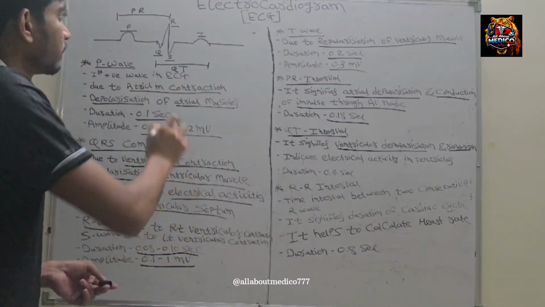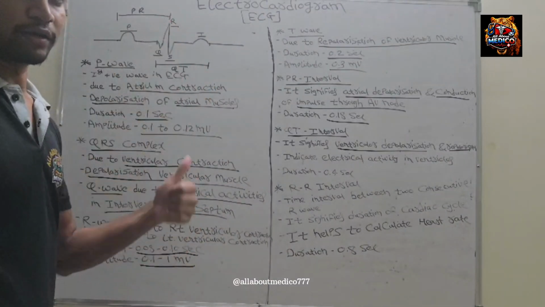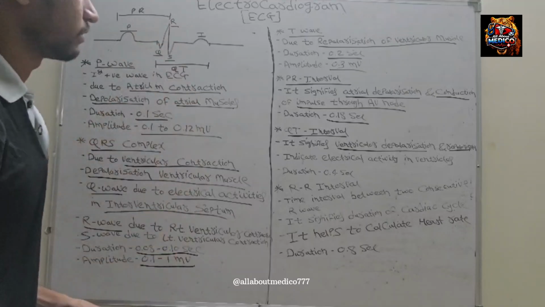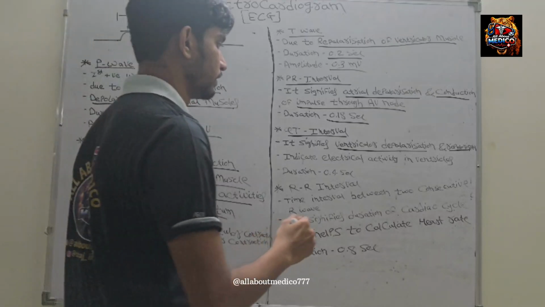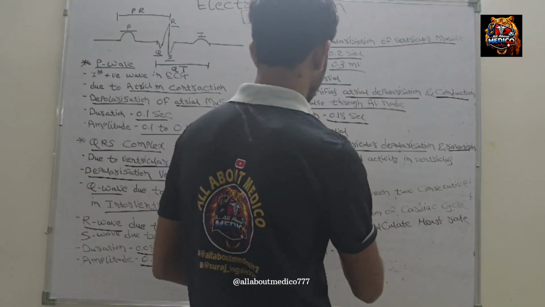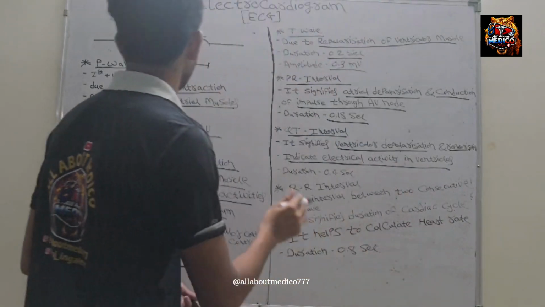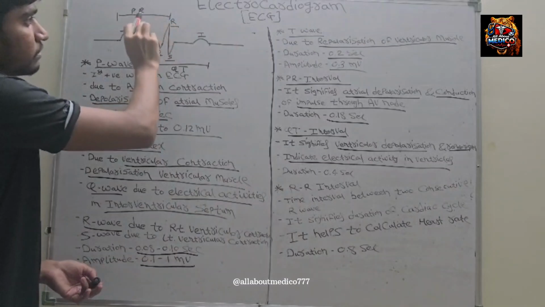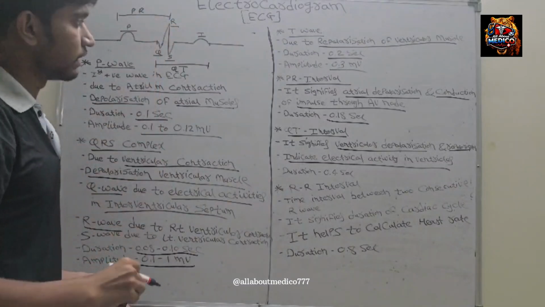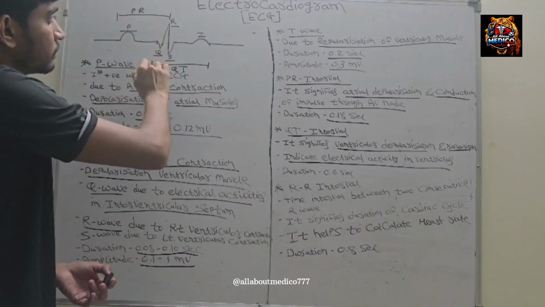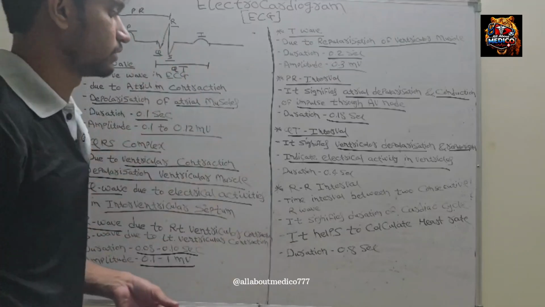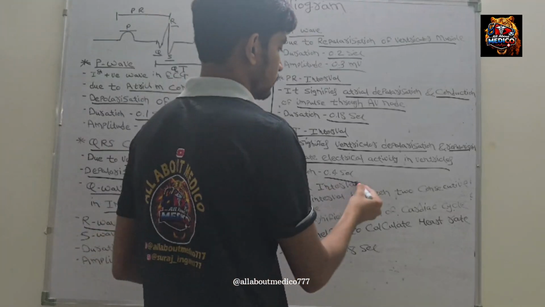The QT interval indicates electrical activity in the ventricles, while the PR interval indicates electrical activity in the atrium. Its duration is 0.4 seconds.